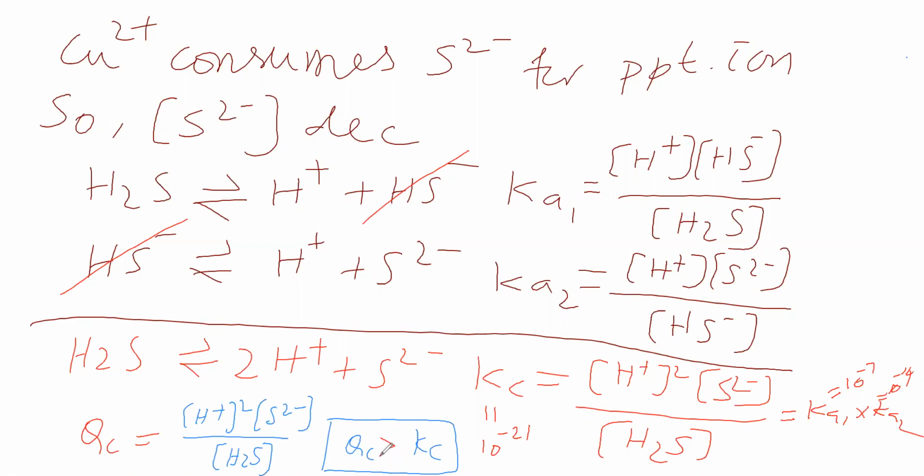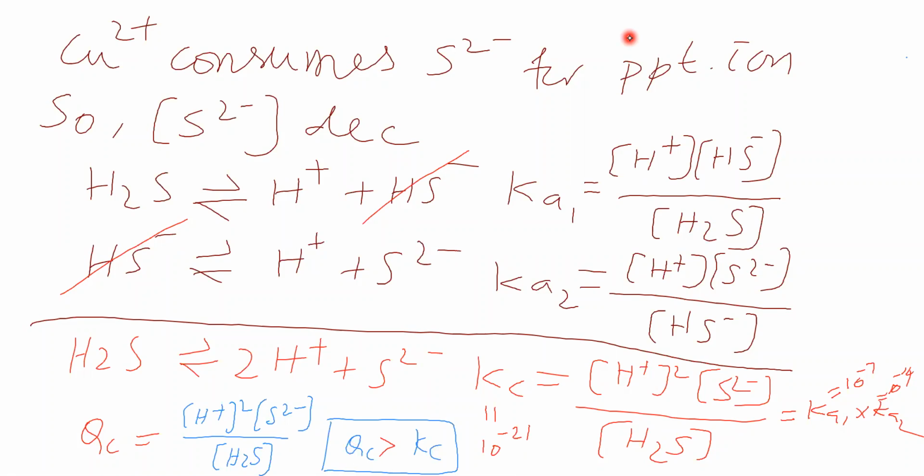Now think about it. Cu2 plus is consuming sulfide, isn't it? So sulfide concentration decreases, which means it is low. How will the Qc value be? Will it be lower or higher? Think about it, then compare Qc and Kc.